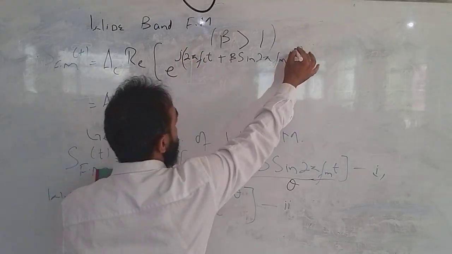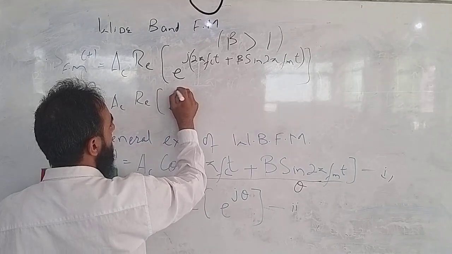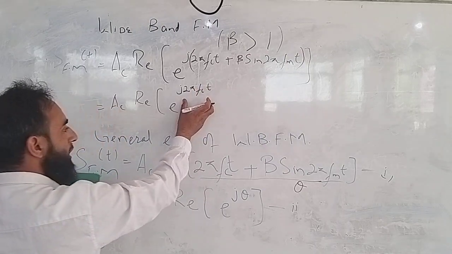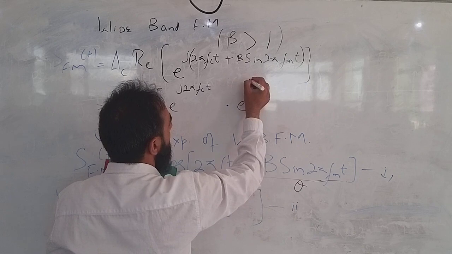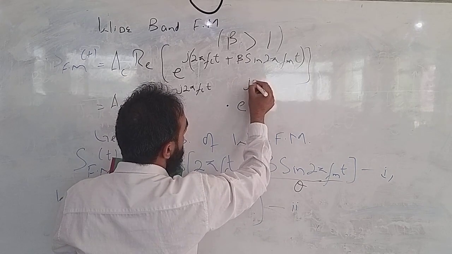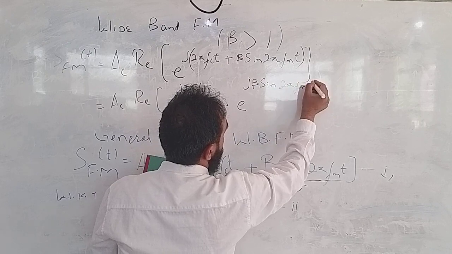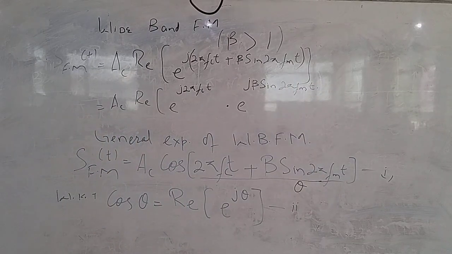यहाँ पे ब्रैकेट आएगा. So we have a sum of 2, so I will break them into 2 exponentials, one being e raised to j 2 pi Fc t dot e raised to j beta sine of 2 pi Fm t. Can I do this? Yes or no?